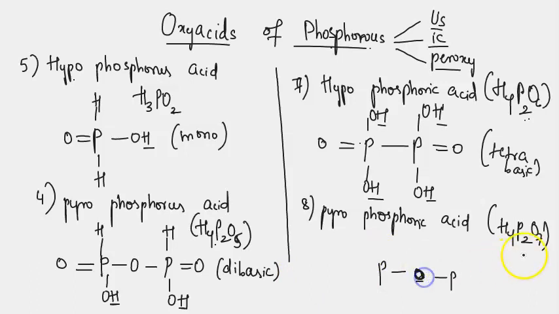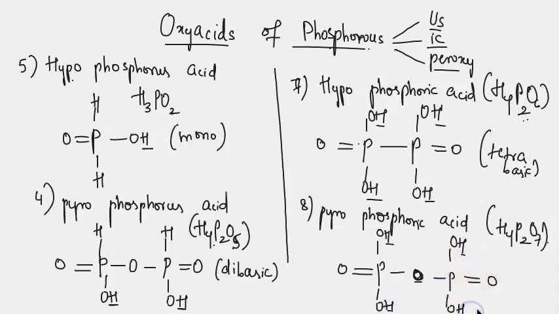Wherever there are an odd number of oxygens, there we can find the POP linkage. Double bond O on either side, then OH, OH, OH, OH. So this is also a tetrabasic acid where there are four replaceable hydrogens.